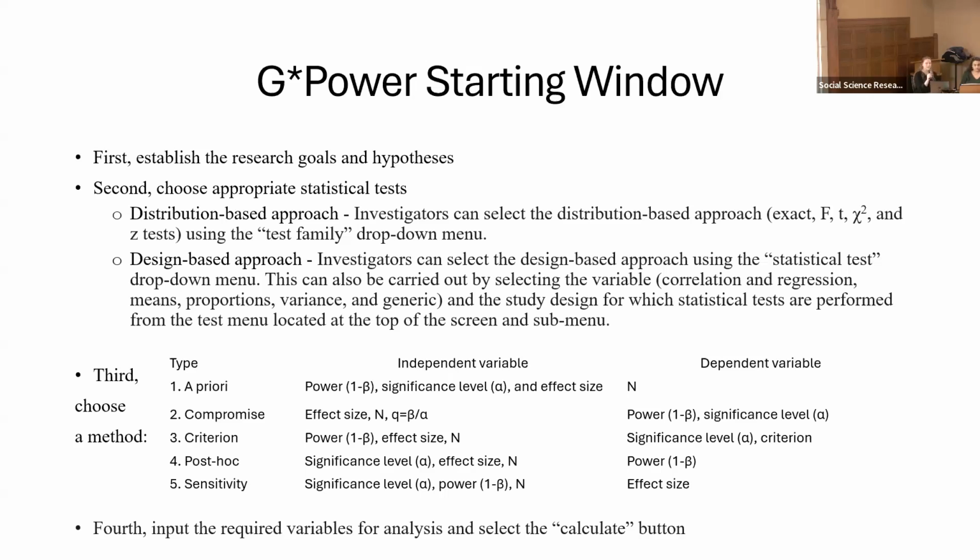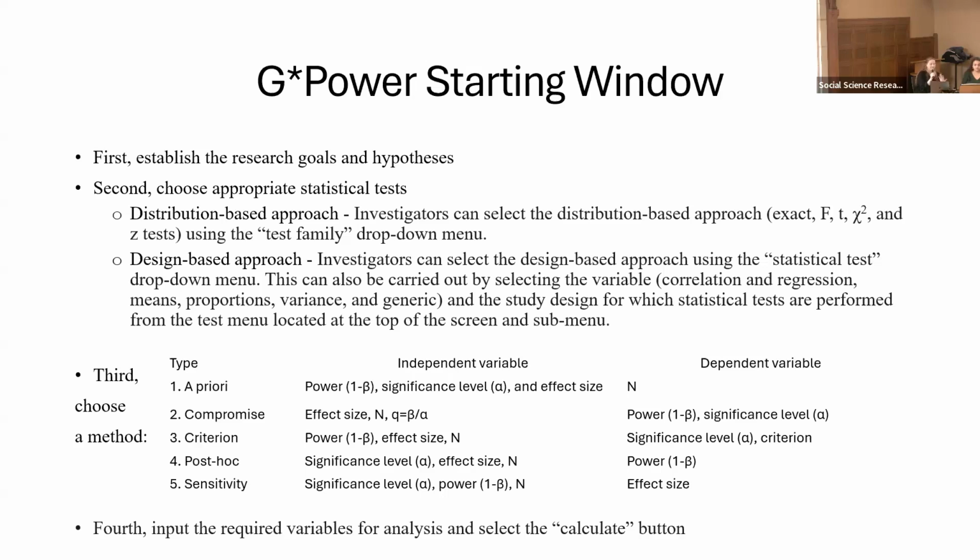The distribution-based method is when we as the researchers select what test we want by going to the test family and thinking more methodologically about how these groups are distributed within my study. A design-based approach is when you have a specific statistical test in mind that you want to run.